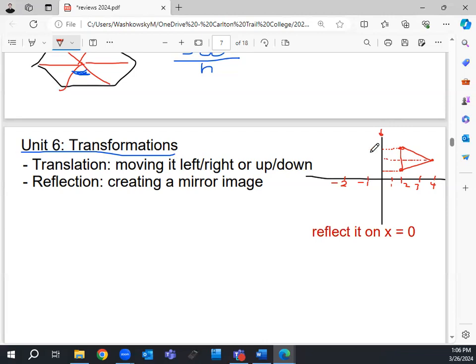I can see that these 2 points are 2 away, so I would draw those 2 away. This point here is 1, 2, 3, 4 away, so I would go a total of 4 away. Then I connect my dots and draw my shape, and I can see that I've now reflected it. So you created a mirror image, and it's usually going to tell you a reflection line along a line.